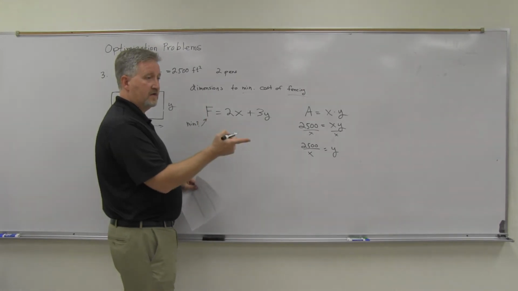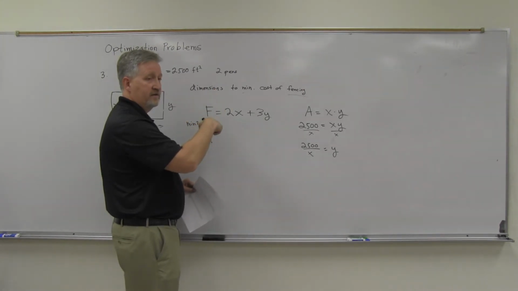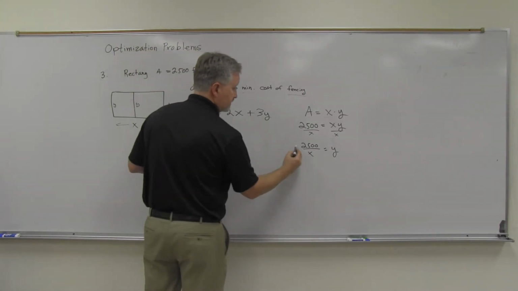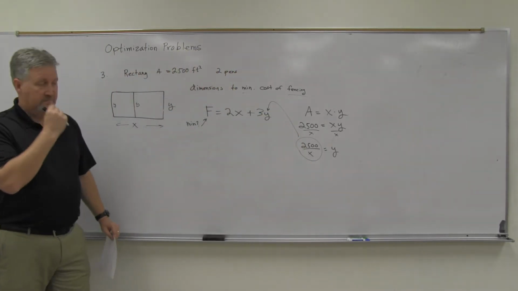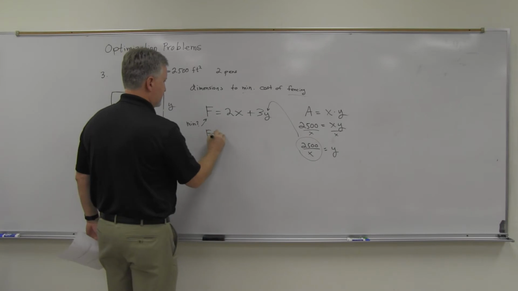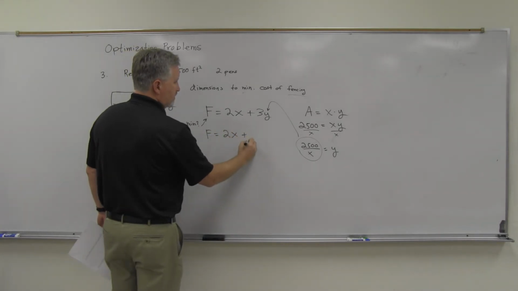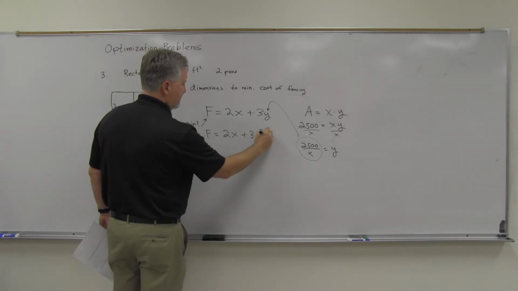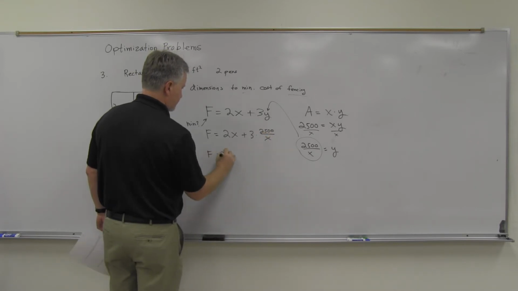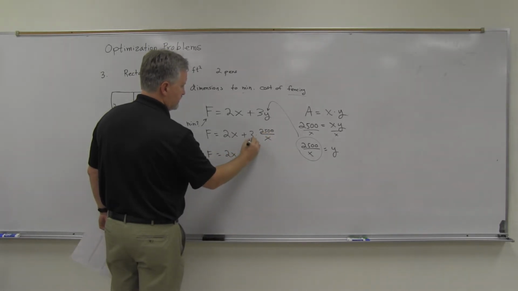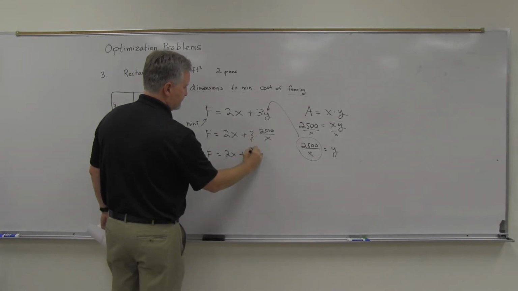Now I can substitute that in for the y in the other equation. So fencing F equals 2x plus 3 times 2,500 over x. Little adjustment there, so we got 2x plus, it's 3 over 1, so it'll be 7,500 over x.